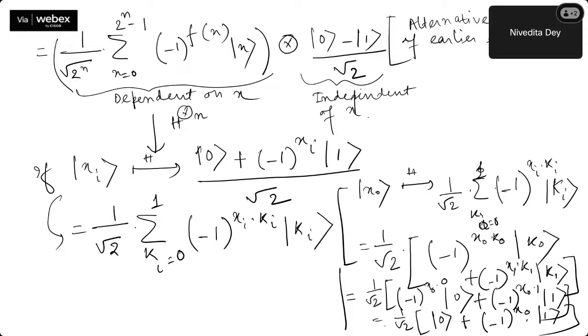Now is this equation and this equation exactly same? It is exactly same if you just replace the i with 0. So these two equations are exactly same. And why we have taken this form, we will understand when we proceed with the next steps.